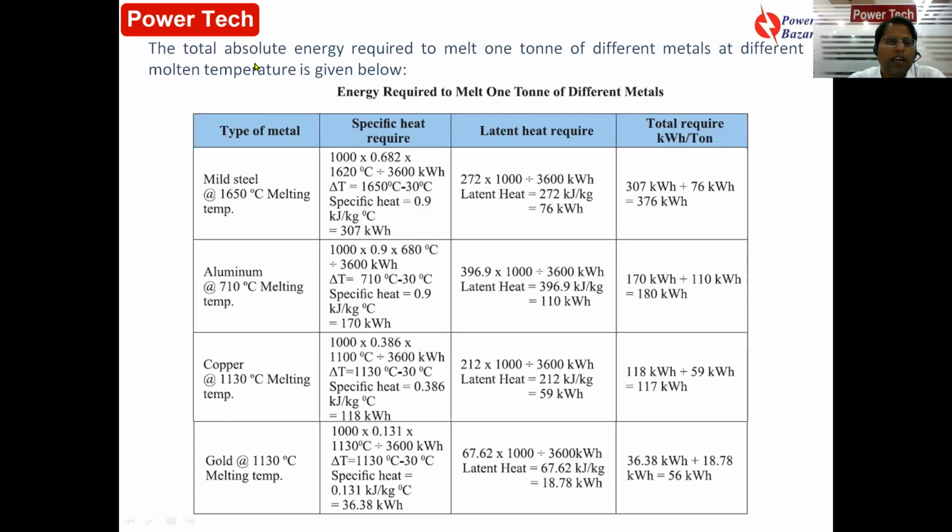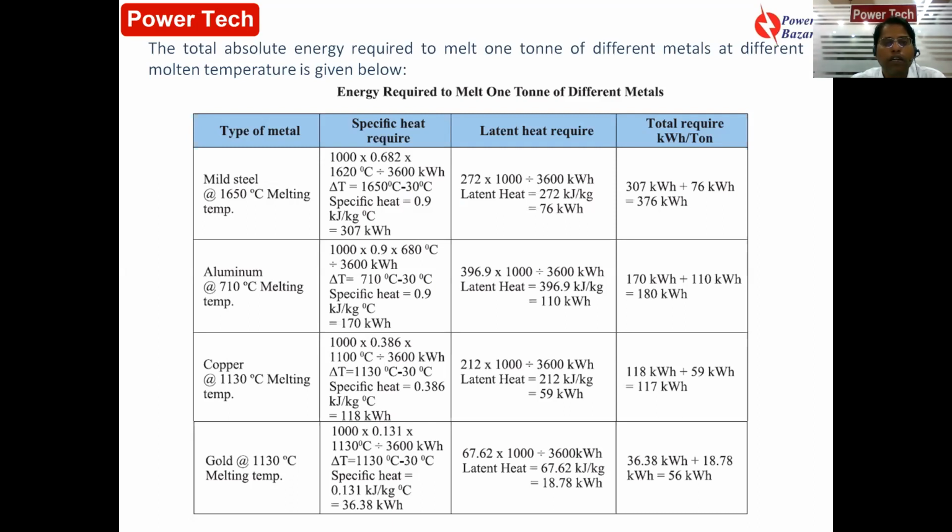Now let us understand the amount of energy required to melt 1 ton of different types of metals at different molten temperatures. For melting a metal you require a furnace. It might be mild steel, aluminum, copper, gold or anything. To melt a metal, we need to increase the temperature of the metal to its melting temperature.